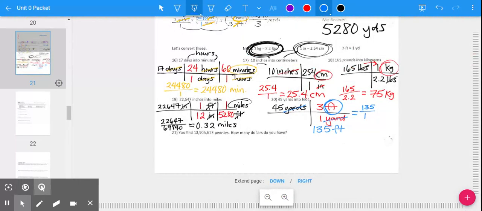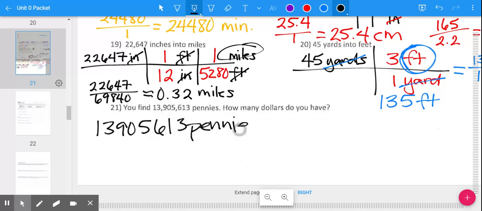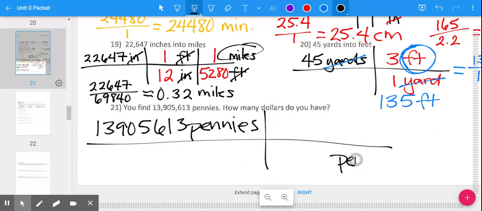Okay, so we're on to the last one in our notes, and this one says you find 13,905,613 pennies. How many dollars do you have? So our given is 13,905,613 pennies. What we know about pennies, pennies up top, pennies on the bottom.